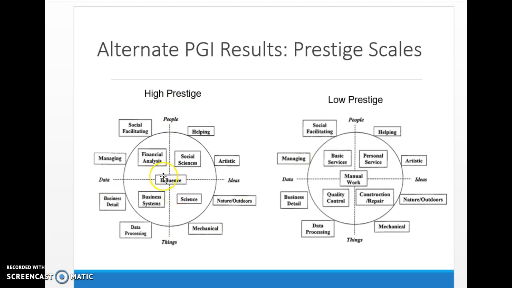So you'll see influence at the very North Pole, and these things like financial analysis is a combination of influence and managing and social facilitating. Then the low prestige, basically the opposite. So pretend you're looking up, and manual work is a South Pole, and again, all these things are back at the equator.